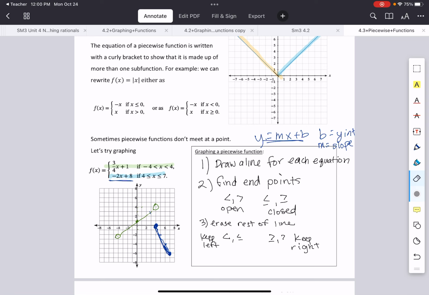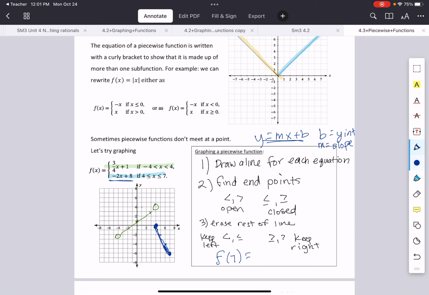What is f of 7? How could I find f of 7? We've been doing this the last couple times. If I take an x and I want to find f of it, f of 7, where do I put the 7?